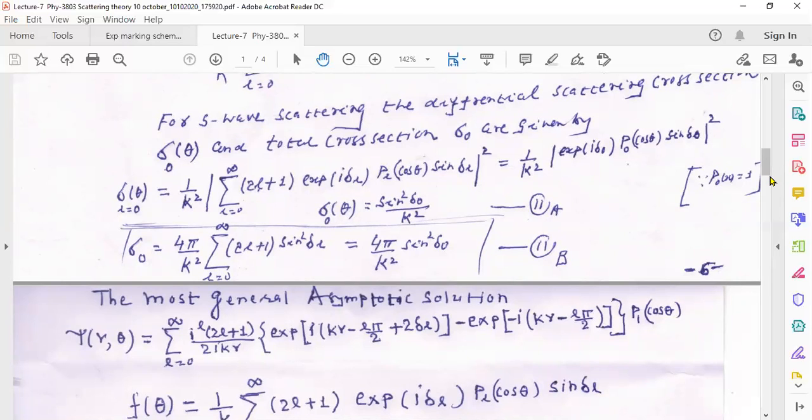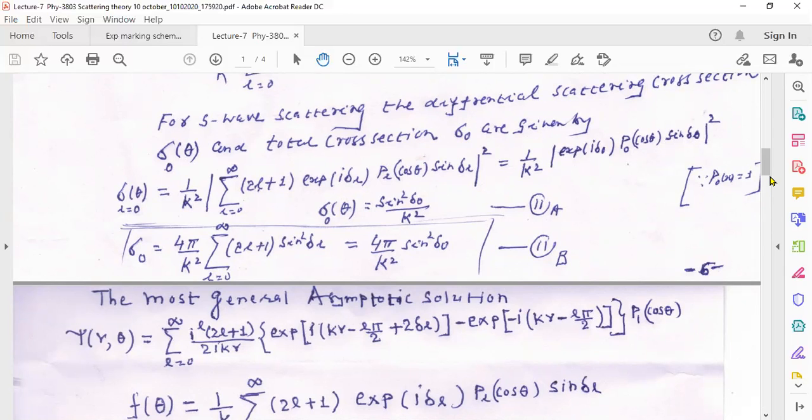The role of the scattering potential is to shift the phase of the outgoing wave. So delta 0 is the change in phase for L equal to 0, that is for the S wave. Then delta 1 is for the P wave, delta 2 for the D wave, and so on.